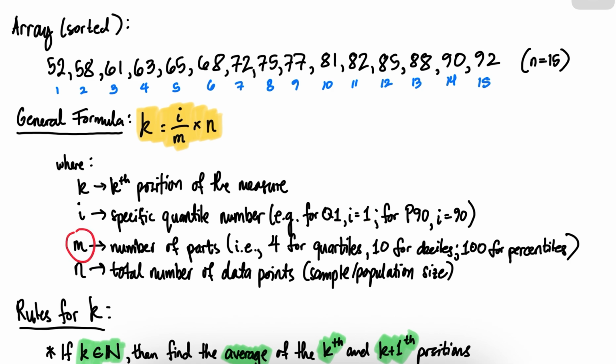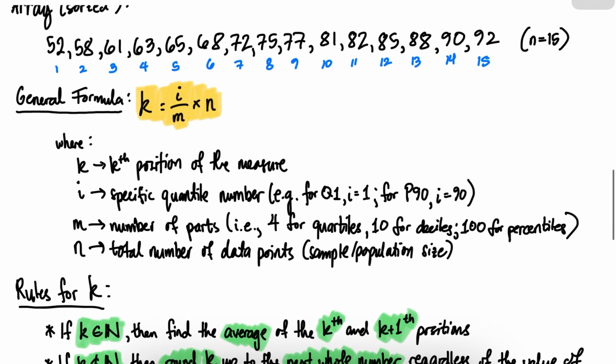For m, we are looking for the number of parts. So clearly, for the quartiles, the m would be 4. For the deciles, it would be 10. And for the percentiles, it would be 100. While n, like I mentioned, is either your sample size or your population size. So this formula is not entirely new to us.